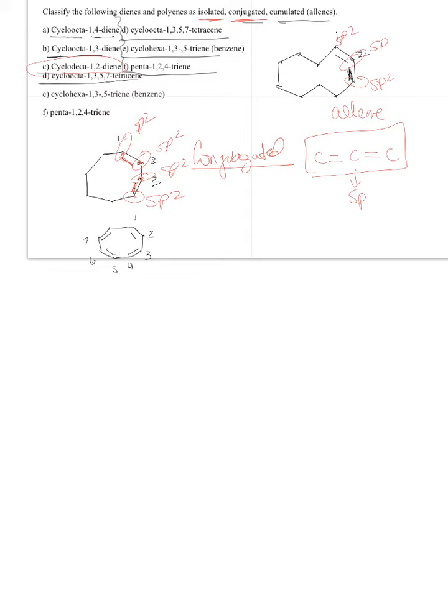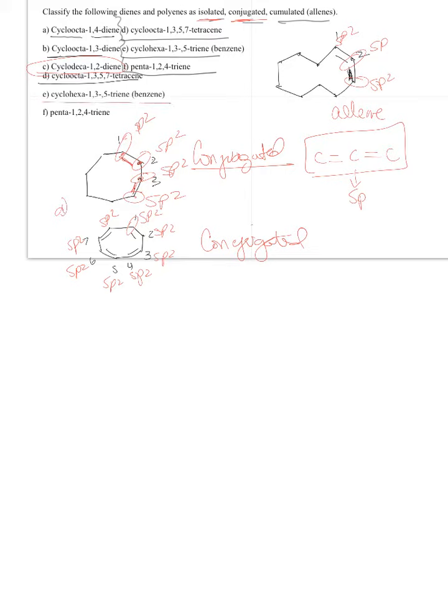So when we classify these, we got sp2, sp2, sp2, sp2, sp2, sp2, sp2, sp2. Those are conjugated. That's a conjugated polyene. Okay, D. D is, we just did D.